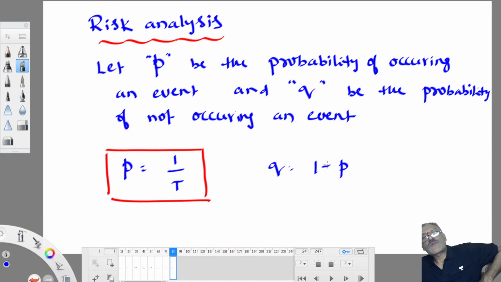Probability of occurrence plus probability of not occurrence is always equal to 1. So if you know probability of occurrence, can't you work out probability of not occurrence? p plus q is equal to 1, therefore q is equal to 1 minus p.